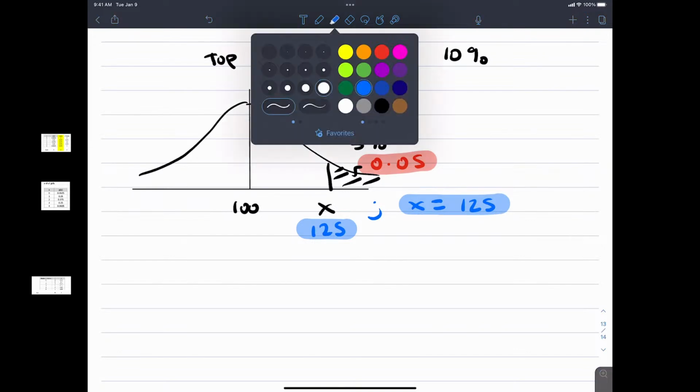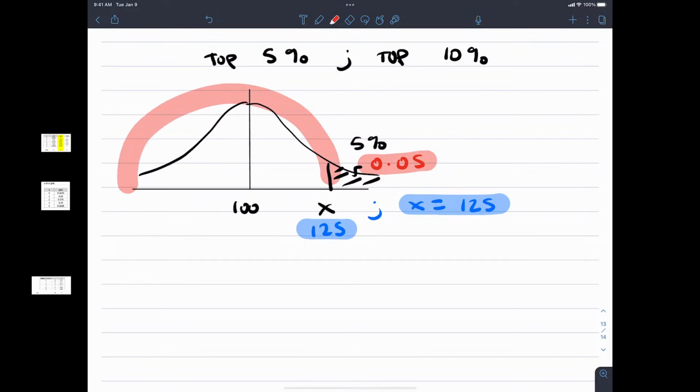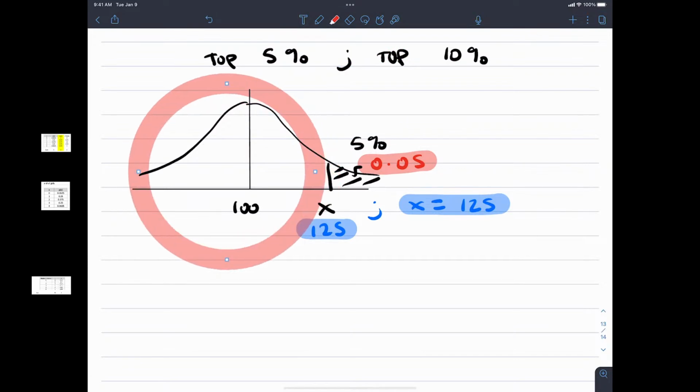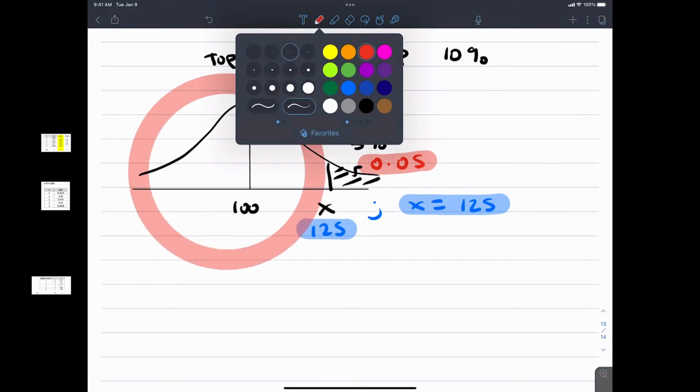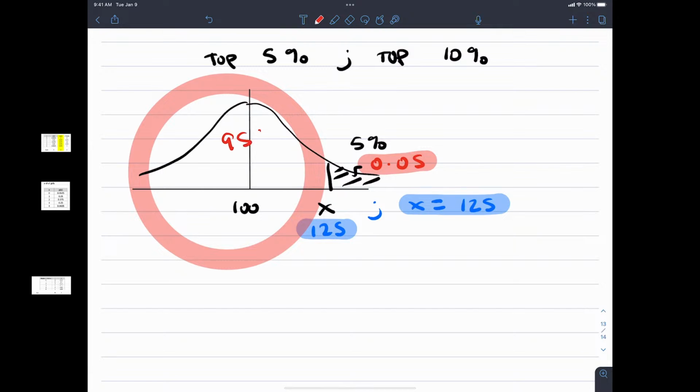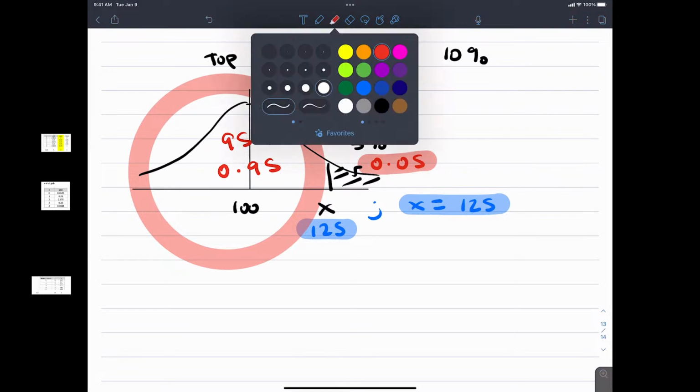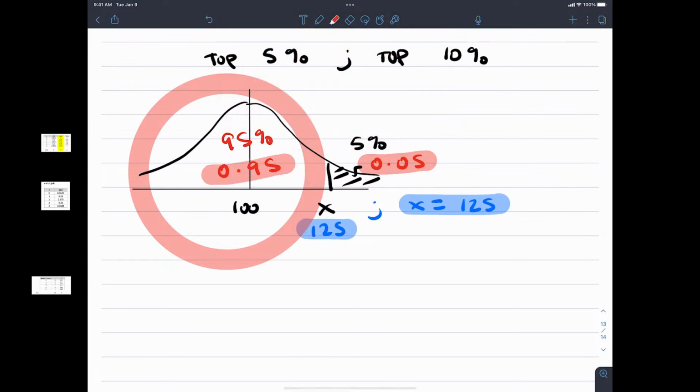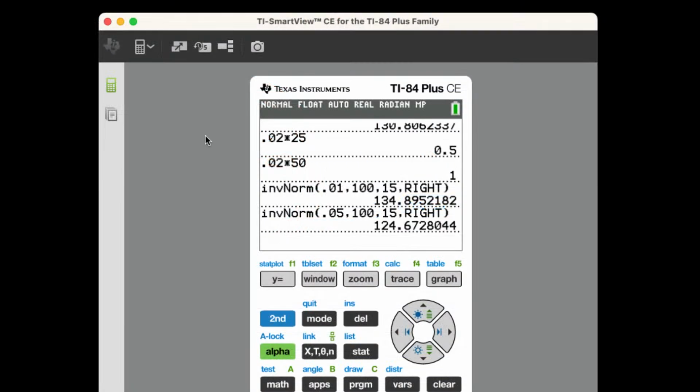If you don't have a fancy calculator and you had to do area to the left, what's the area to the left? What's the complement of 5%? You guys see how that language is creeping into your vocabulary? Complement, you know? All right, let's try that out. Let's do the default, because some of you guys have that default.